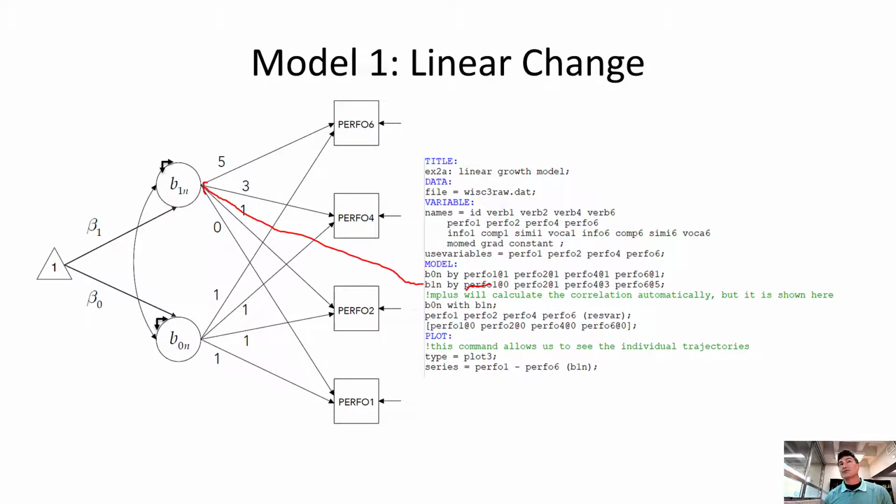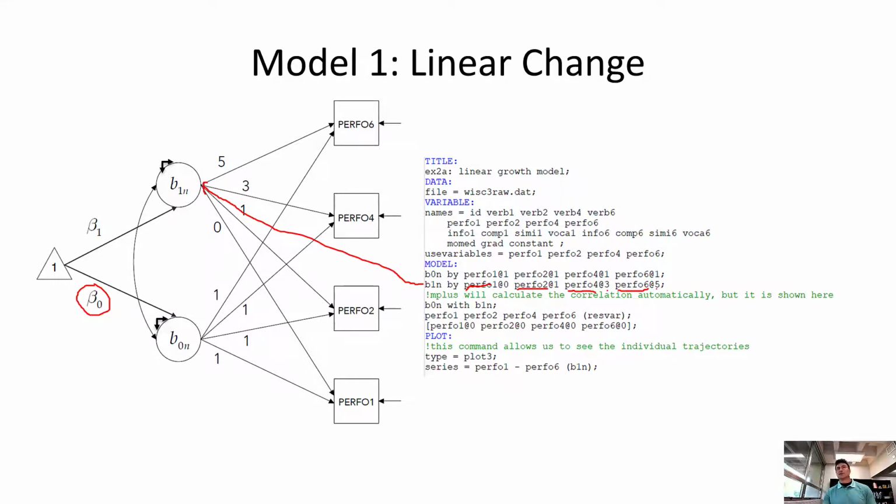And again, I'm setting it at 0 so it will make our intercept make sense. When we get the value for this intercept, it's now set where kids were in the first grade. Indicated by this, at time in grade 2 at 1, at grade 4 at 3, and grade 6 at 5.